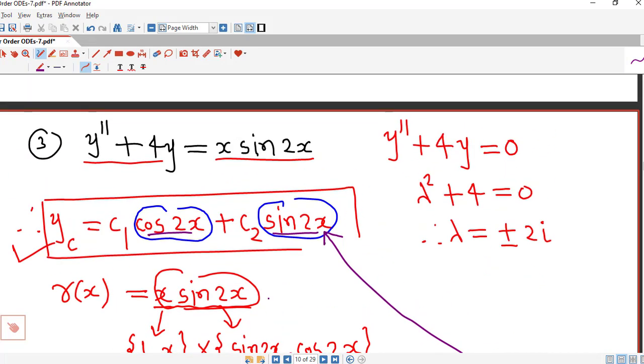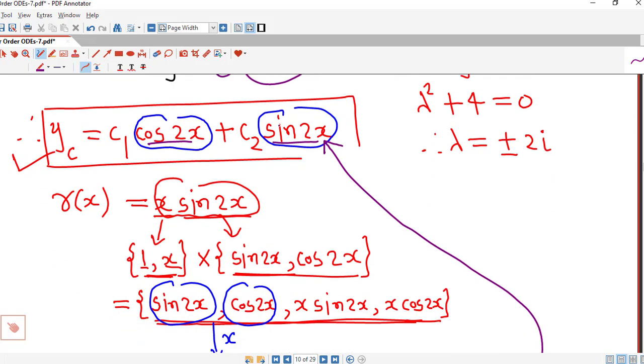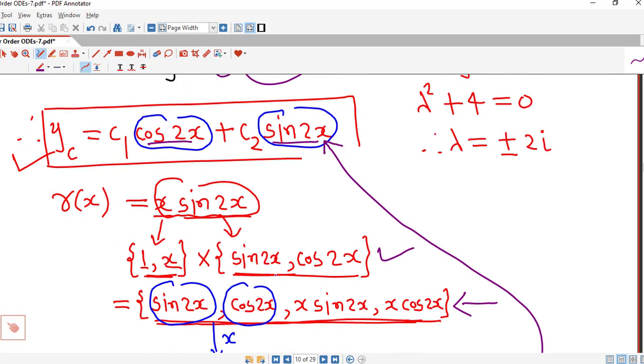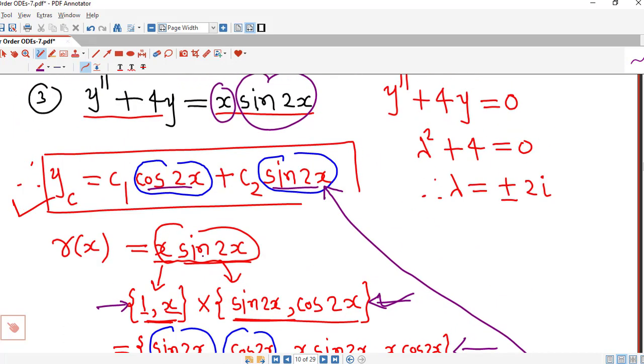So try to understand the difference. Here two functions are in the product. So first we consider the Cartesian product of the corresponding families, and we check whether any member of the Cartesian product is present in the complementary function or not. We are not checking for the individual family of derivatives. We will check the match with the complementary function after taking the Cartesian product. So that is the difference between addition and multiplication. If two functions are in addition, then we will check the corresponding families of both the functions.